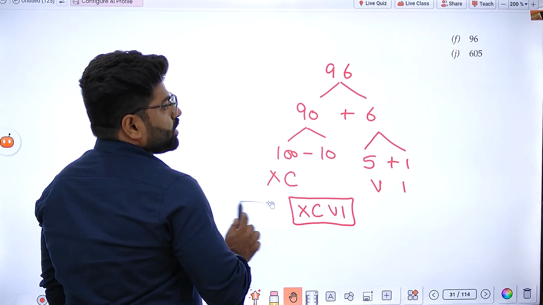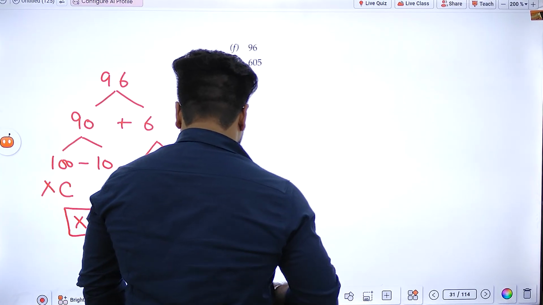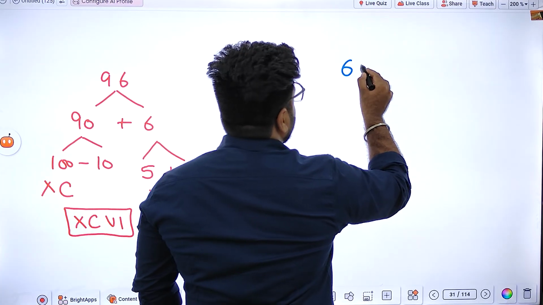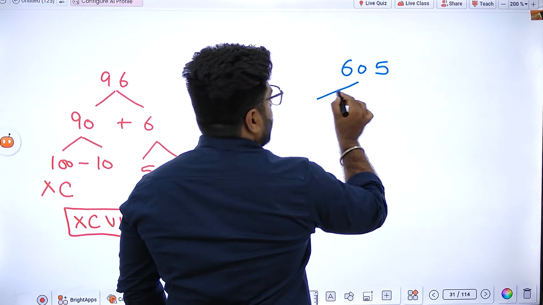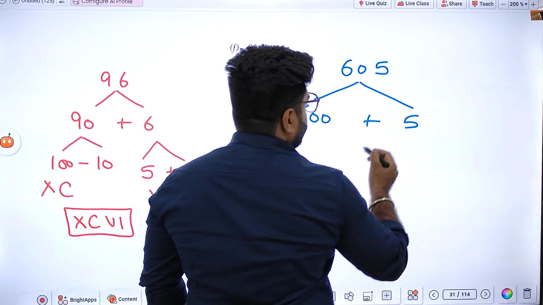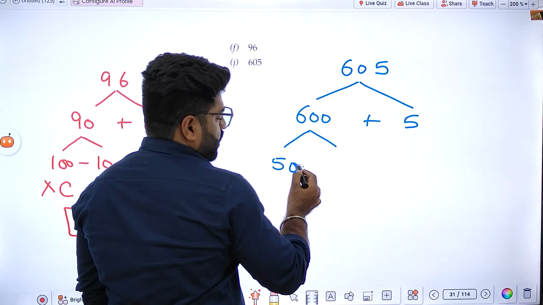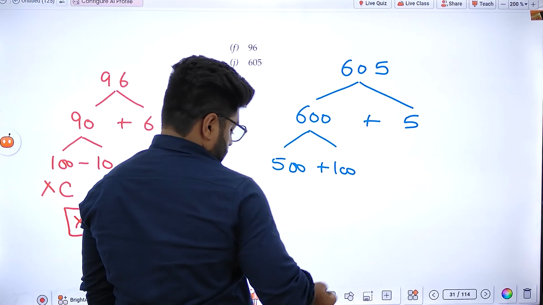Okay. Now come to the next question, that is 605. Here we are having 605. So we break it like 600 plus 5. Then we break it more, like 500 plus 100.